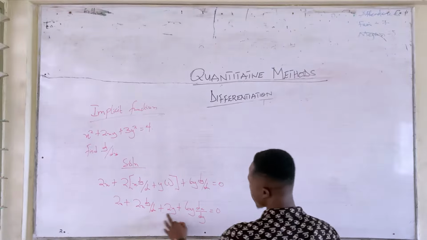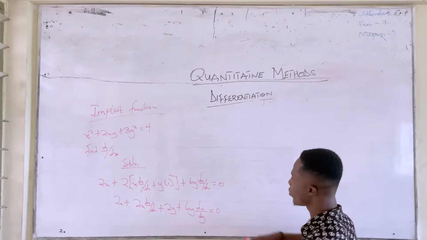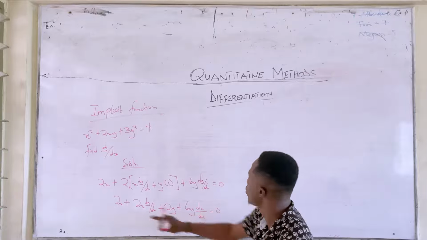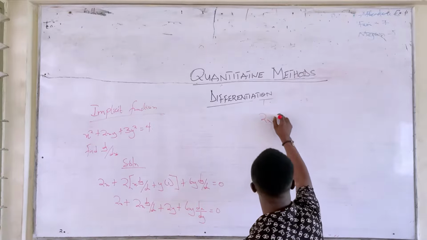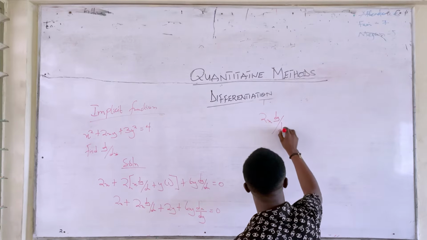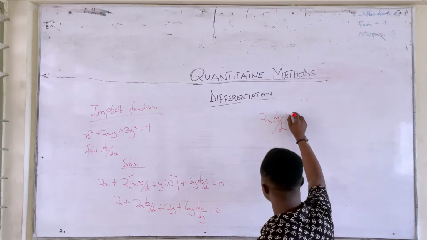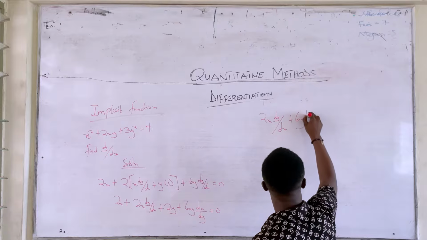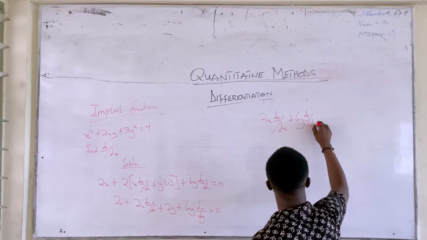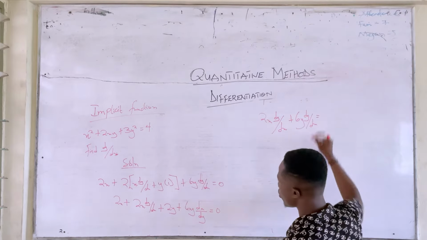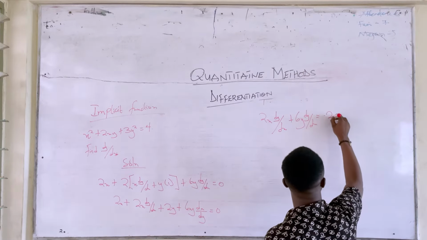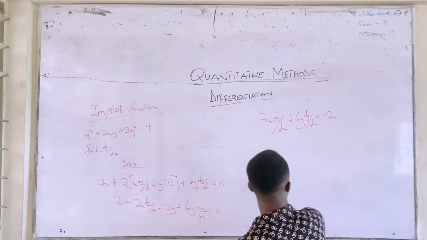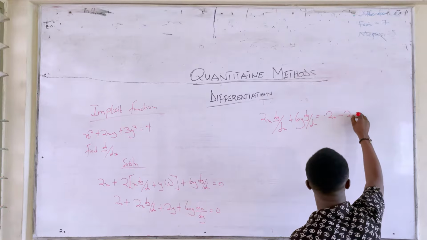We have dy dx, we have dy dx. So let's group like terms. So we have 2x dy dx, and we have plus 6y dy dx equal to, this one will cross the equal sign, so you have negative 2x, and this one will also cross the equal sign, you have negative 2y.